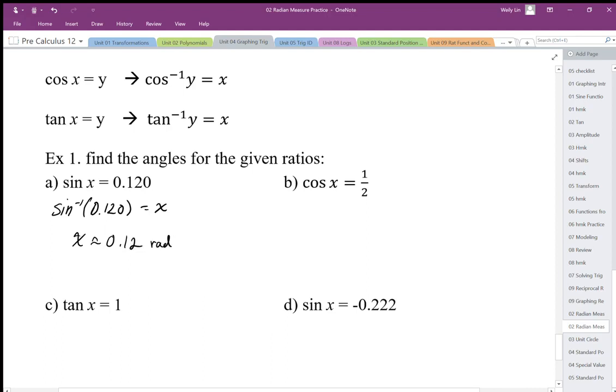Now this is where we have to start becoming much more careful with radians, because the sine ratio, that's a ratio, 0.120 is a ratio. This 0.12 is very similar. In fact, that's nice. There's a very useful property of that we use in calculus. But they are similar. One is a ratio, one represents an angle or length.